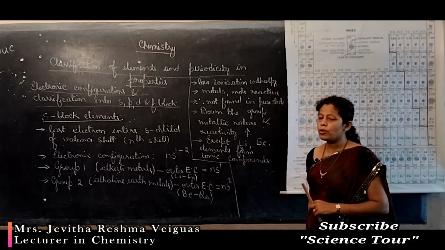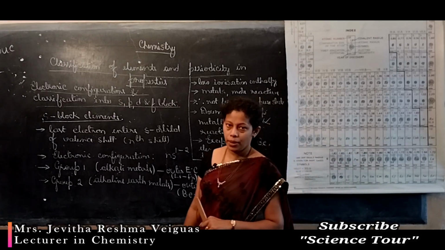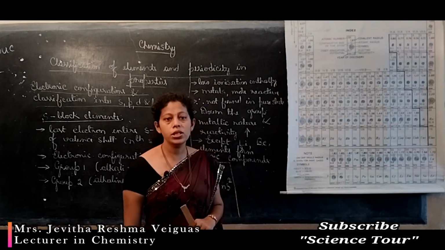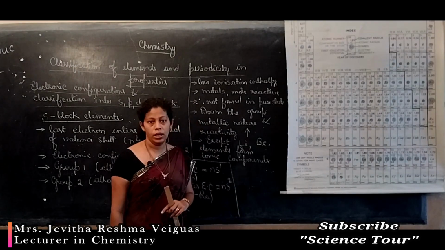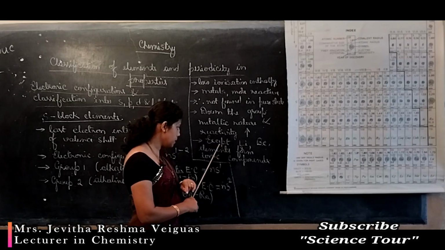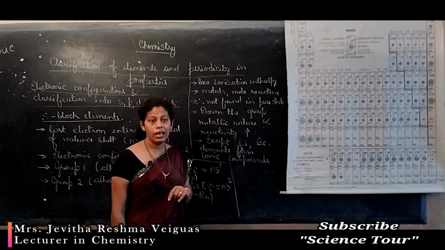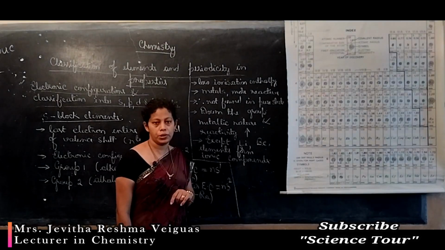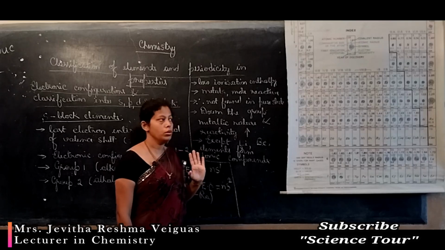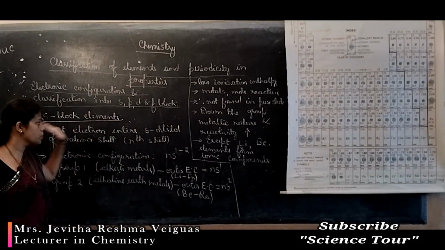Now ionic compounds means what? The compounds formed by a positive ion and a negative ion. Positive ion is also called cation, negative ion is called anion. Except lithium and beryllium, which are very small sized elements, the rest all form ionic compounds. So these are some characteristics of the S block elements.